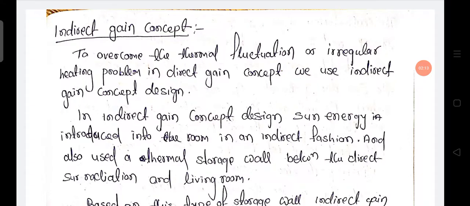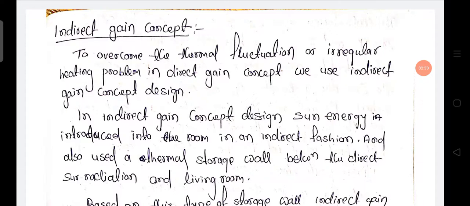This irregular heating is the problem in the direct gain concept. To overcome this problem, we use the indirect gain concept.